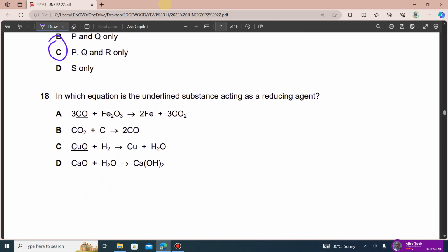In which reaction is the underlined substance acting as a reducing agent? For something to be a reducing agent, that means it has been oxidized. So let's check each of the equations to see which one is oxidized.